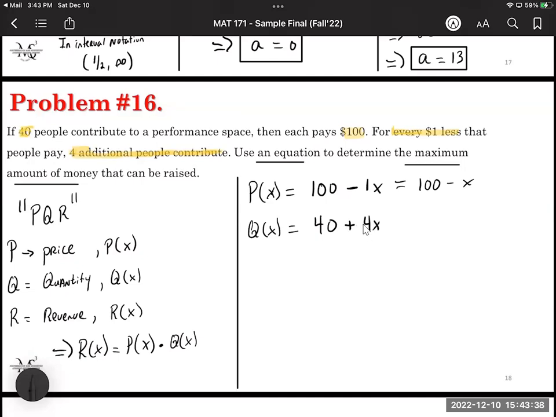There you go. That's the correlation in that second sentence between the price and quantity. For every dollar less that people pay, 4 more people contribute. So for example, let's say that the people paid $3 less. If the people paid $3 less, then how many people contribute?